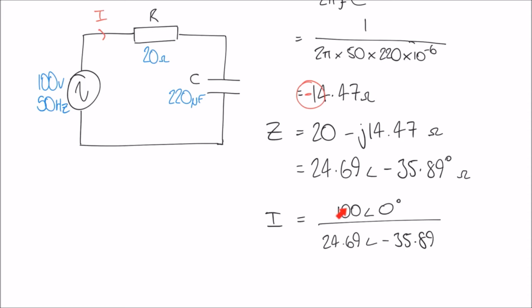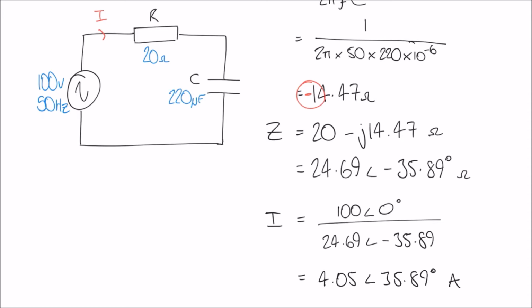Remembering that we divide the magnitudes, we subtract the angles, we're going to come out with a result of 4.05 at an angle of 35.89 degrees, and that's a current, so measuring amps.